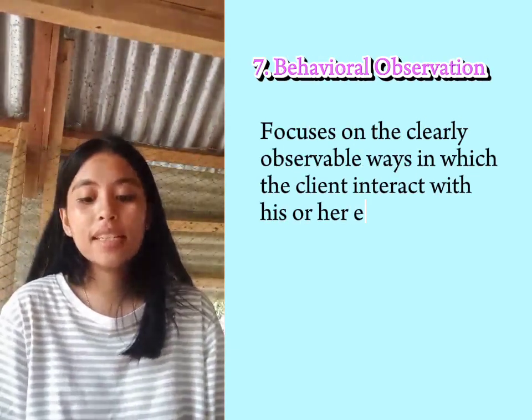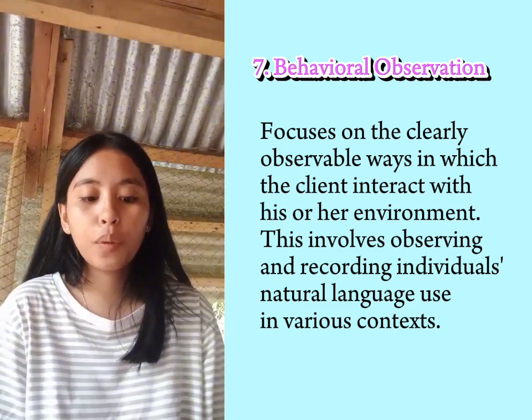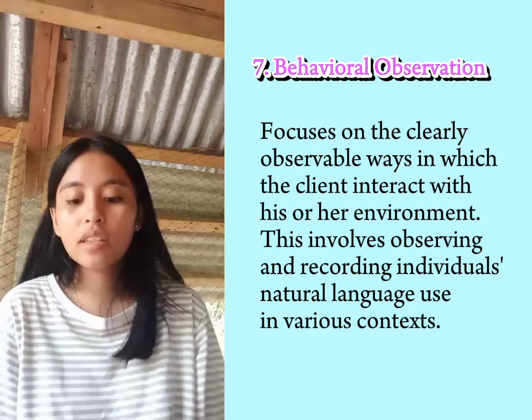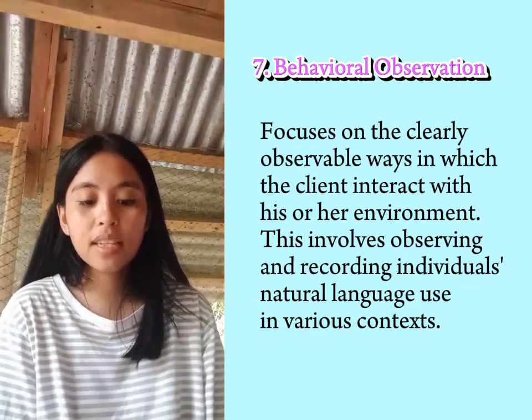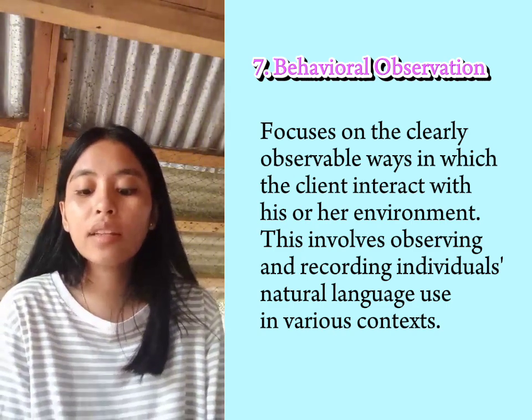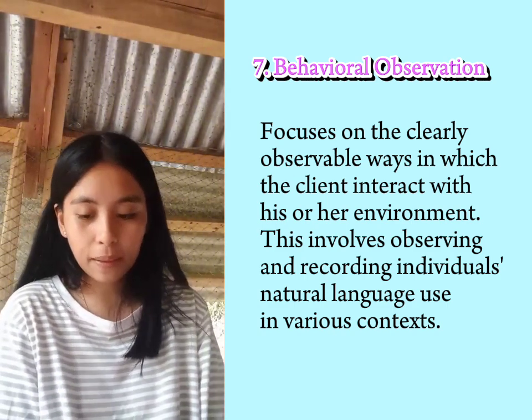Thank you. This is the last method, the last but not the least, the behavioral observation. It is a functional utilitarian approach in that it focuses on the clearly observable ways in which the client interacts with his or her environment.